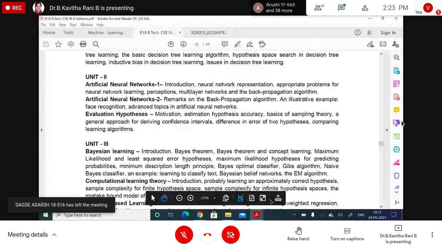We have completed estimation hypothesis accuracy. The next topic is basics of sampling theory. Before going to discuss basics of sampling theory, we have discussed estimation hypothesis accuracy. This is related to two things, that is sample error and true error. Okay.